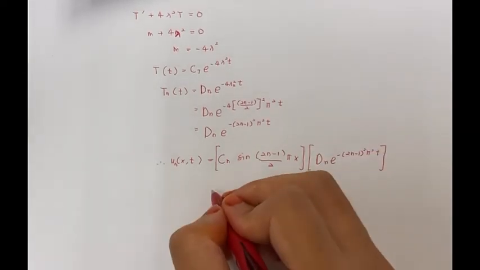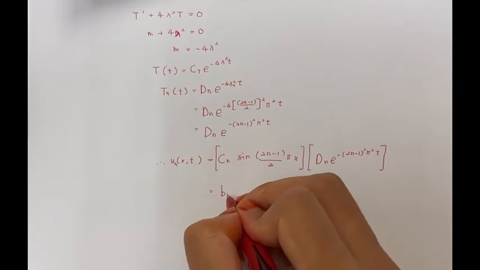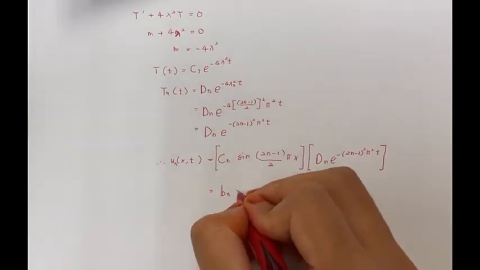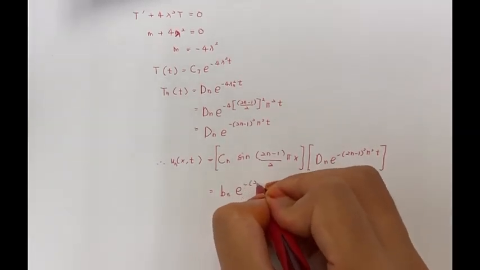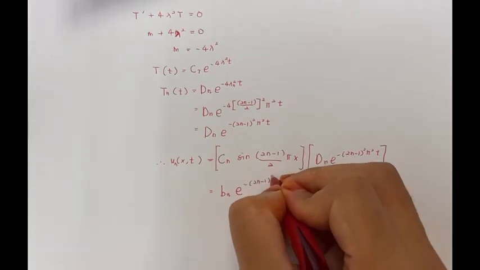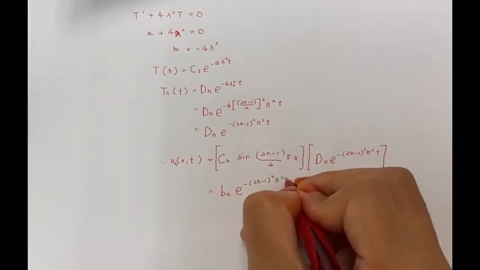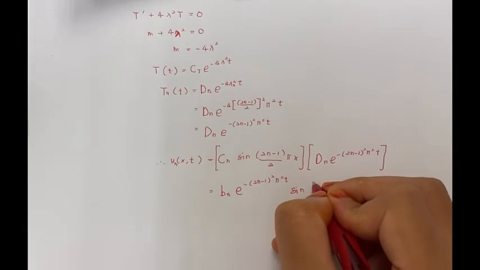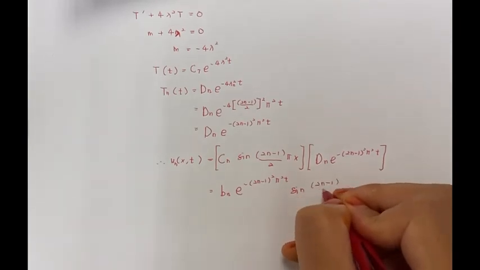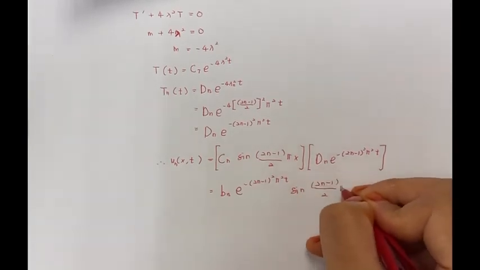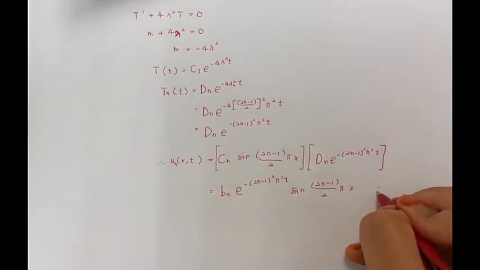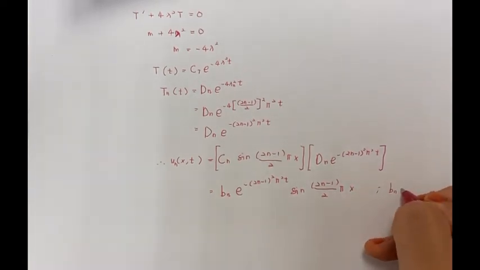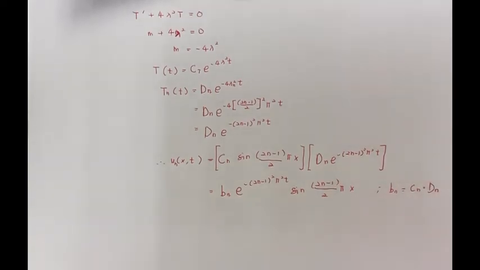Then you can simplify this. Okay, denote this as Bn. Then you have exponent negative (2n minus 1) square π square t sine (2n minus 1)/2 π x. What is Bn? Bn is the product of cn and dn. Simplify the u(x,t) because we need to substitute the initial condition.